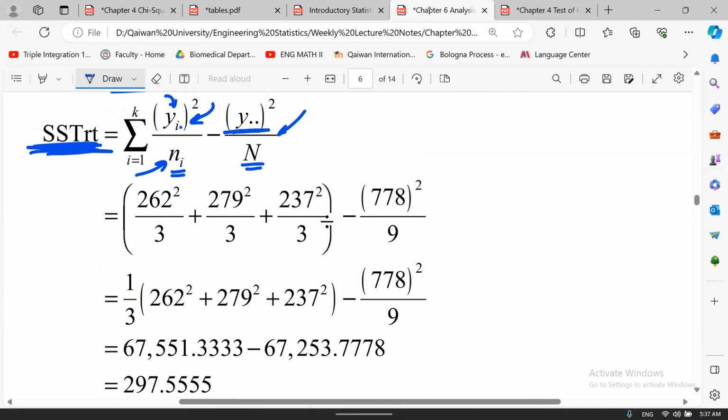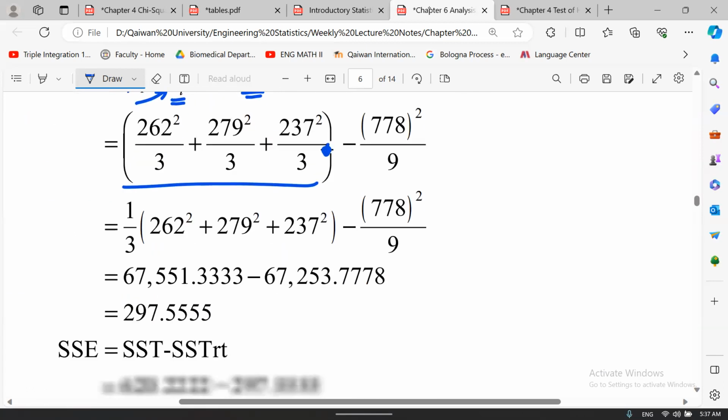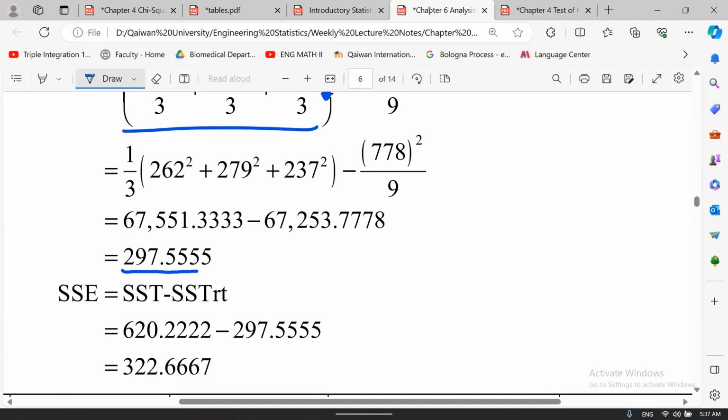And so we just calculated it. It is the summation minus 778 squared over 9. 778 squared over 9, which is 297.555. We have these two values.